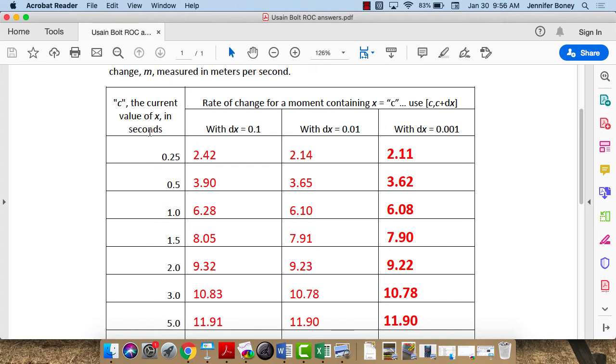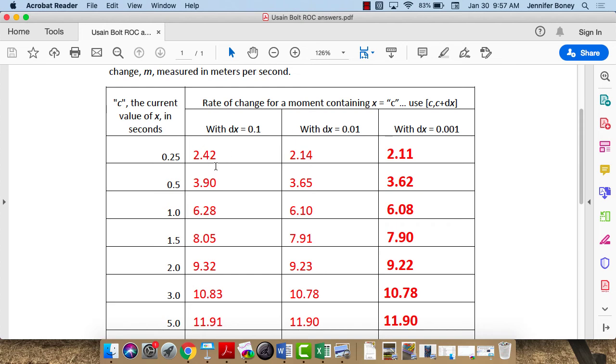Thinking about the patterns of these numbers, a tenth of a second at a quarter of a second into the race is, size-wise, a relatively large amount of variation in time.